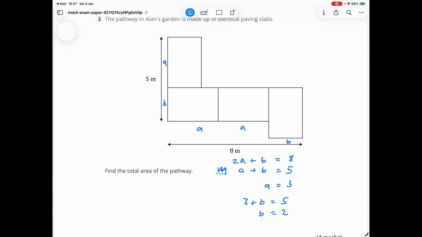So the total area is 4 times 2 times 3, which is 4 times 6 equals 24 centimetres squared.